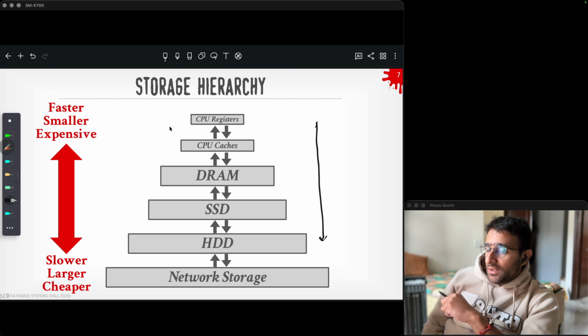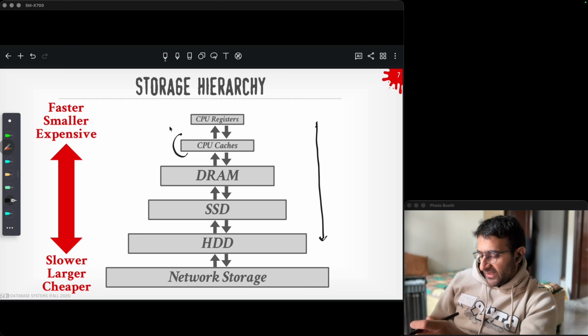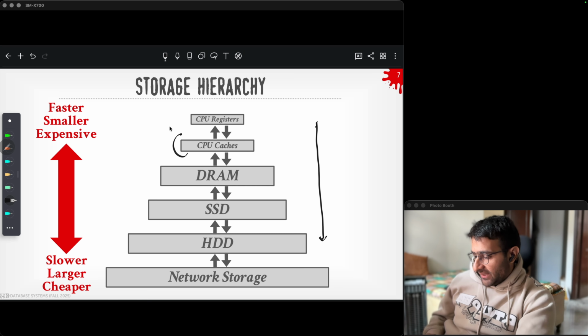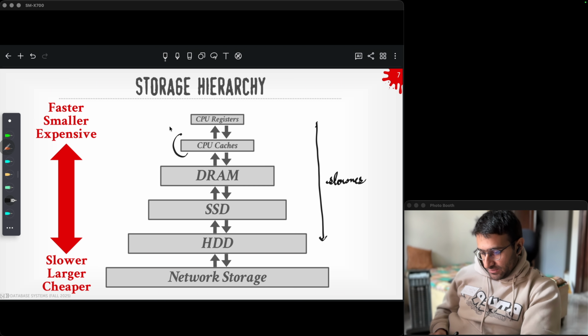So although CPU registers are fast, they are expensive. The ideal scenario would be that I have a CPU cache of, let's say, 4 gigabytes, and I never have to go to the SSD to read data, because SSD is slow. As we go down, the slowness increases, but as we go up, it becomes more expensive.